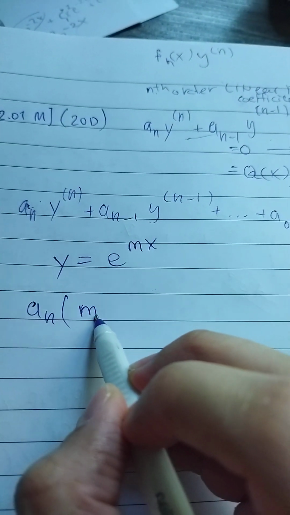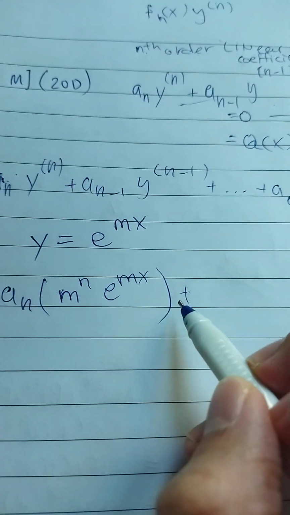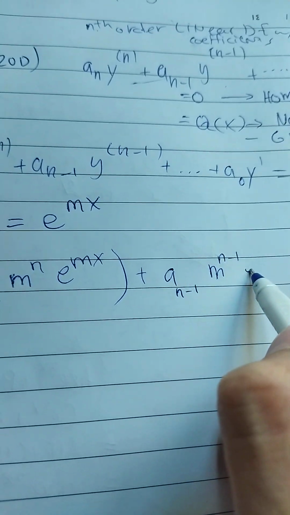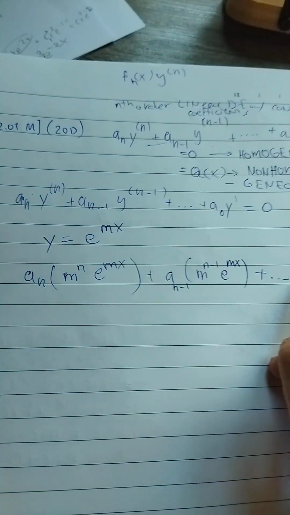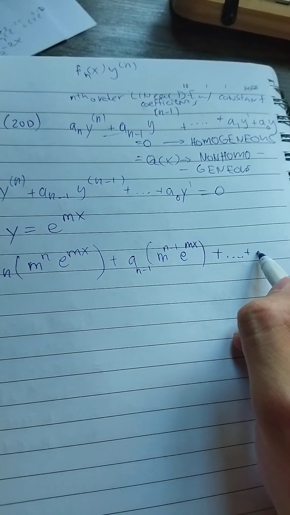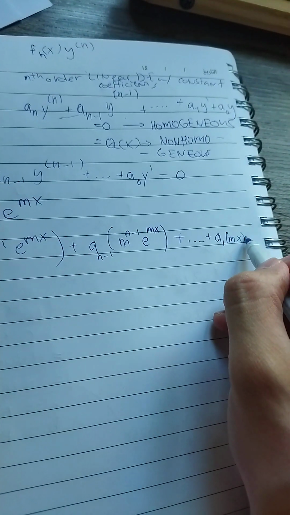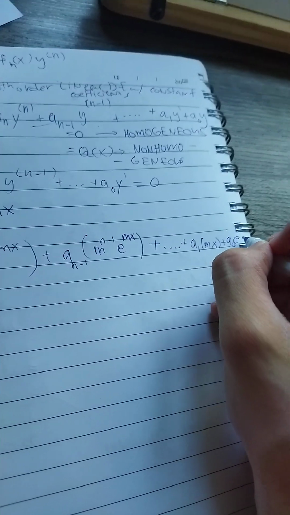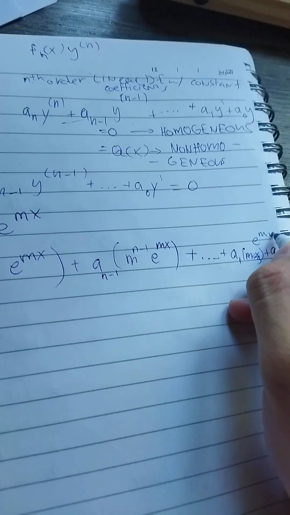You would get m to the nth power e to the mx, plus similarly a_(n-1) m^(n-1) e^(mx), and so on, plus a_1 m e^(mx) plus a_0 e to the mx.